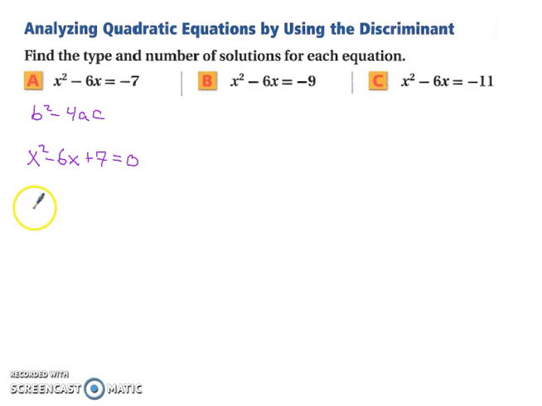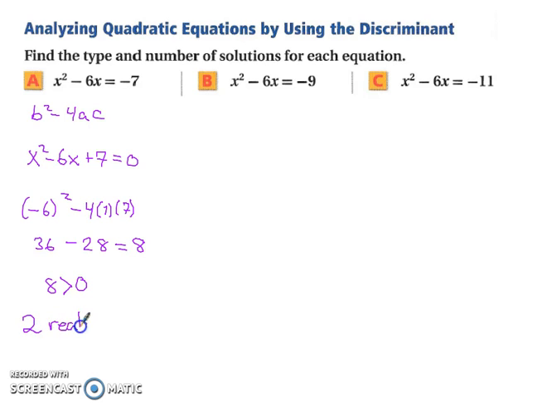Alright, so b squared, so we have negative 6 squared minus 4 times a times c. So we have 36 minus 28, which equals 8. So since 8 is greater than 0, you have two real solutions.